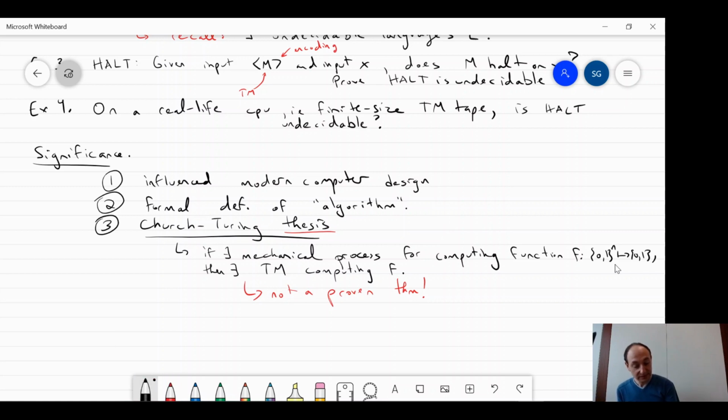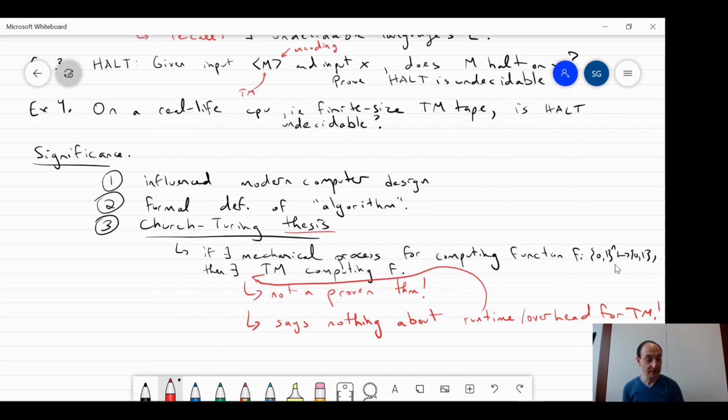Now, the thesis says nothing about runtime. So when I say there exists a function f such that some mechanical process can compute it, all I'm saying is that there exists a Turing machine that can also compute f, right?